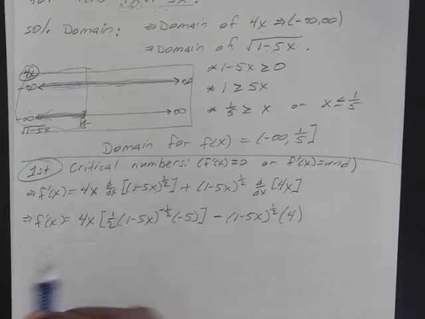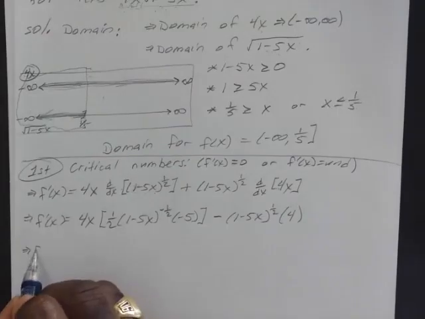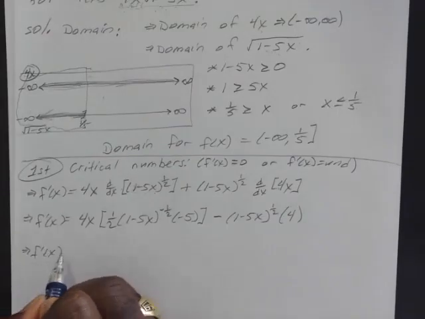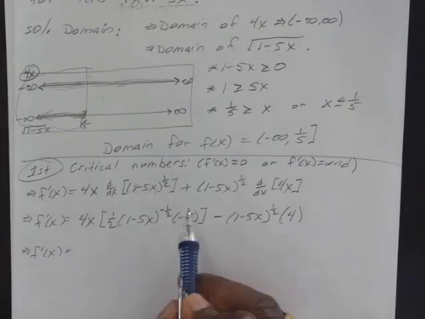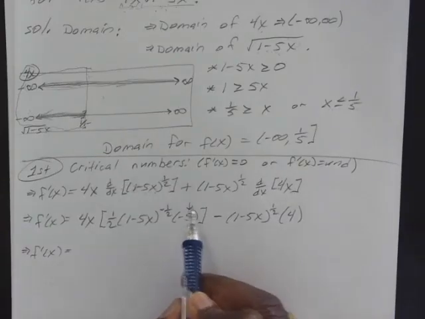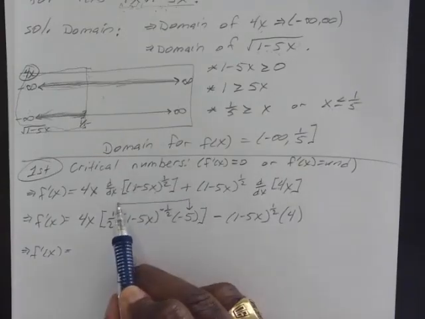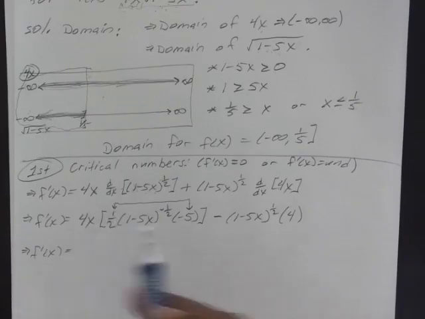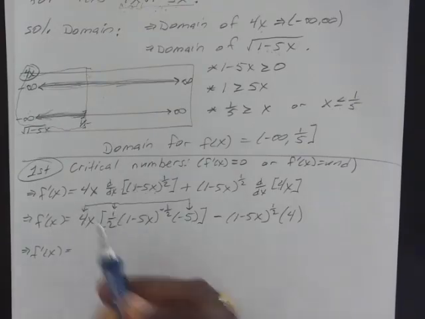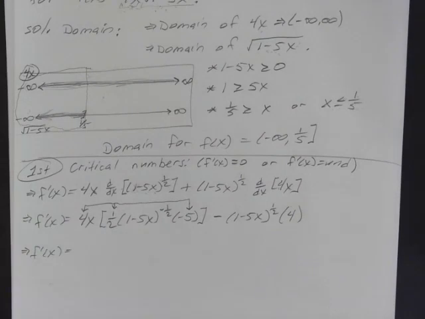Okay, so we can simplify this a little bit so it's not too messy. So f prime of x is equal to, we can go ahead and combine the negative 5, the 1/2, and this 4. Okay, so 4 times 1/2 is 2. 2 times negative 5 is negative 10.